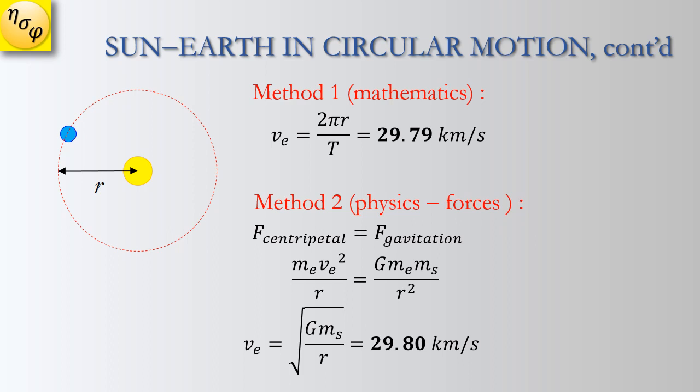And then for the gravitational force is G me ms divided by r squared. Using algebra, we find that VE is 29.80 kilometers per second, we see that the two methods give similar VE results.